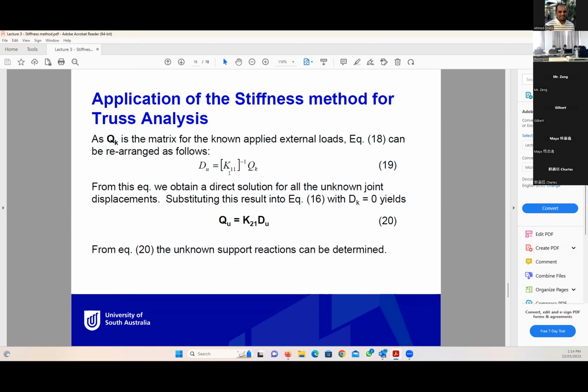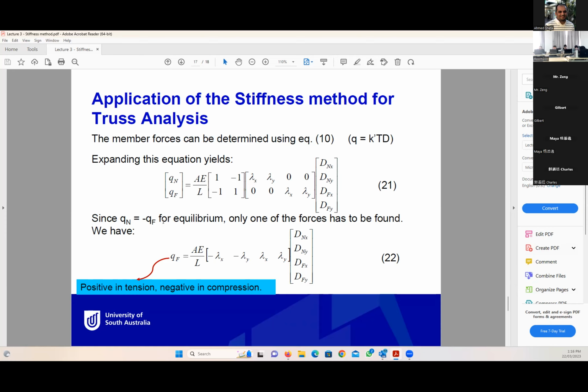We need only to find one force, and the other will be the negative of it. So Qf will be AE divided by L times negative lambda x, negative lambda y, lambda x, lambda y, times dnx, dny, dfx, dfy.